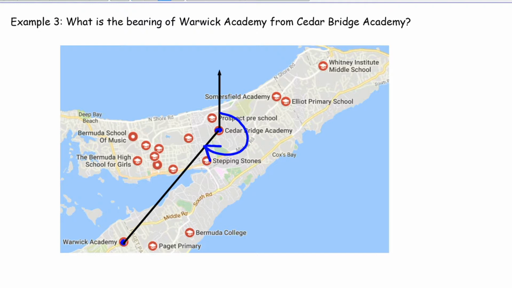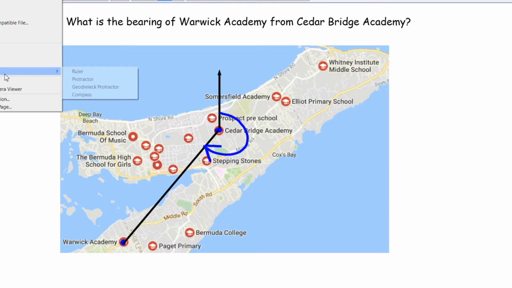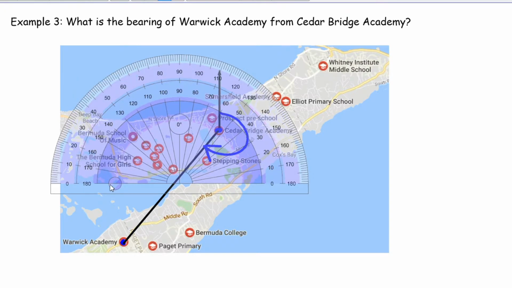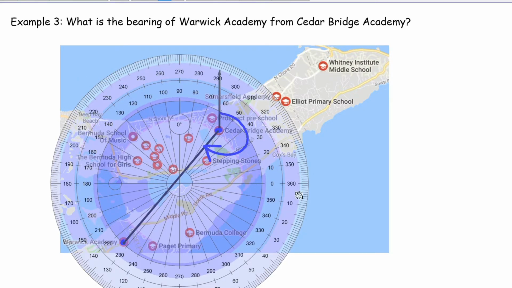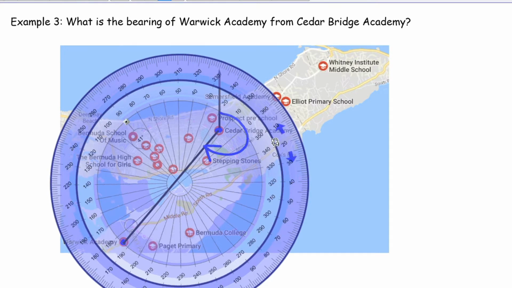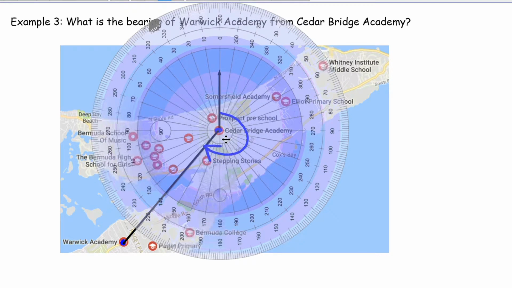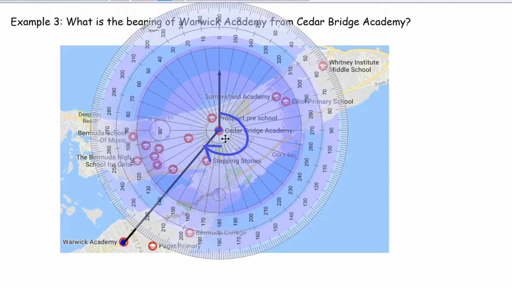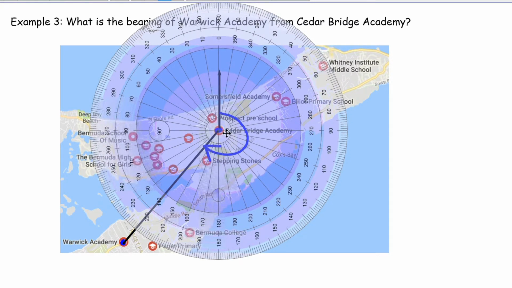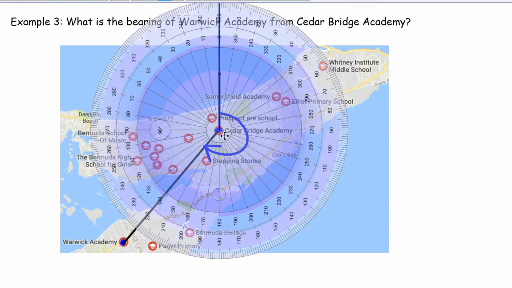Again, you have to get your protractor. And again, I prefer this one here. It's easier to work with. So just drag it to Cedar Bridge. That's where you're standing, facing north. Turn clockwise. What angle are you going to make?